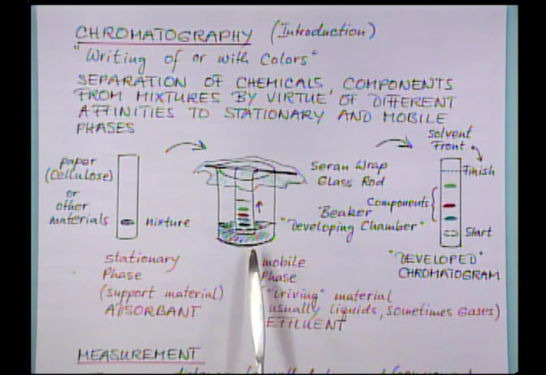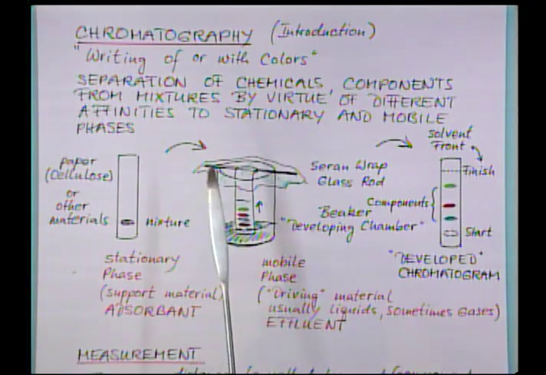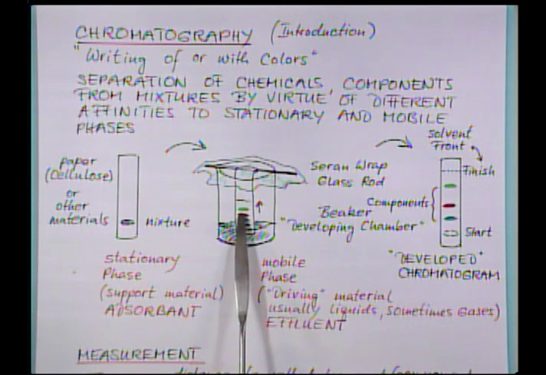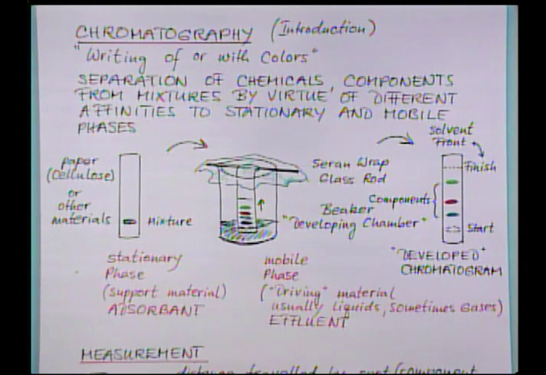And then by capillary forces that creep up into the porous paper, as a result of the fine little channels and crevices in the paper, meaning its porosity, the liquid will drag the components upward, and since chemical and physical interactions take place between the components or the solutes with the paper and the solvent system, we have, in the end, a different location of the components. The components are the chemicals that make up the mixture.